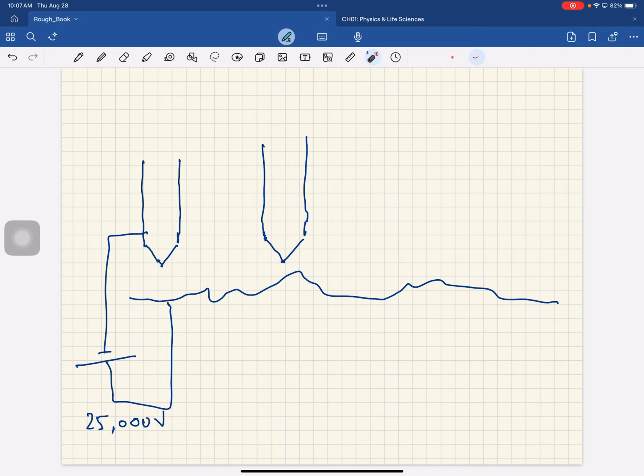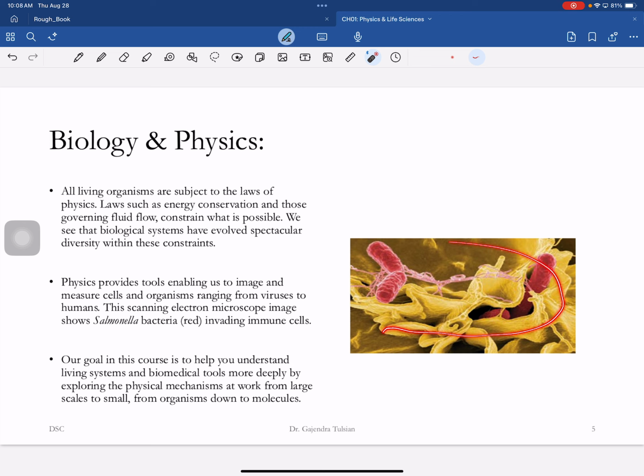So you're scanning, and all you're doing is measuring current. When you hit a bump, the current is high. When you hit a depression or a flat spot, the current is low. So what is it that you measure? A current at every location. And then the computer turned that current information into this image.